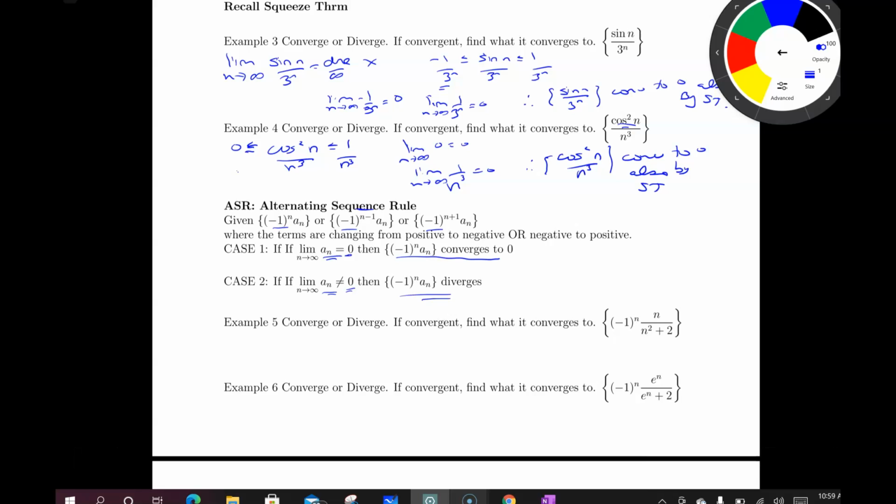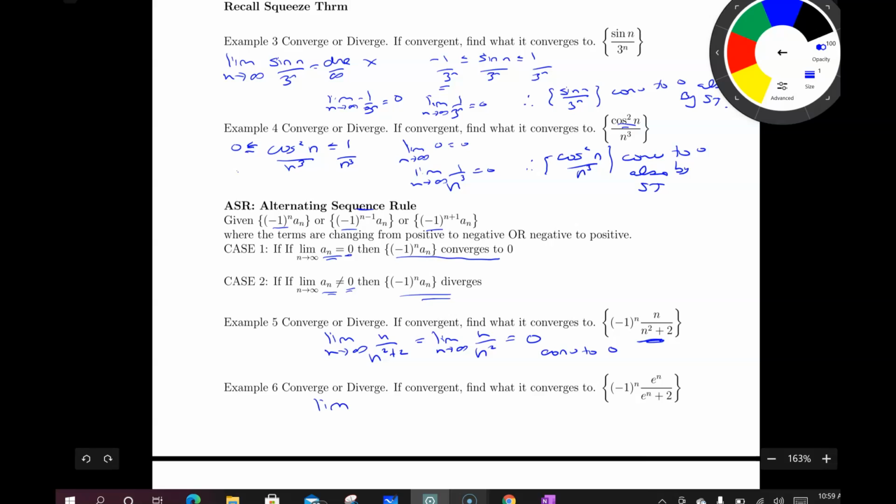So here we go. This would be my a sub n. Take the limit of that, taking highest powers, so n over n squared, canceling, I get 1 over n, 1 over infinity gives me 0. So that means the whole thing converges to 0.